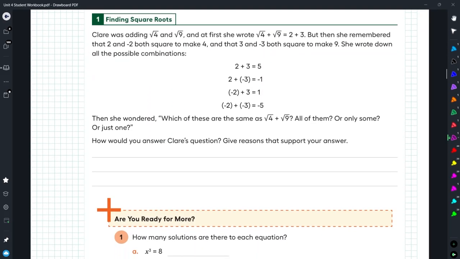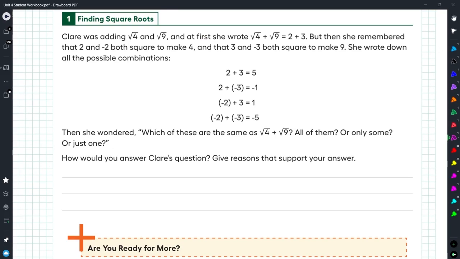On the next page, it says Claire was adding the square root of 4 and the square root of 9. At first she wrote, the square root of 4 plus the square root of 9 equals 2 plus 3, because the square root of 4 is 2 and the square root of 9 is 3. But then she remembered that 2 and negative 2 both square to make 4, and 3 and negative 3 both square to get 9.